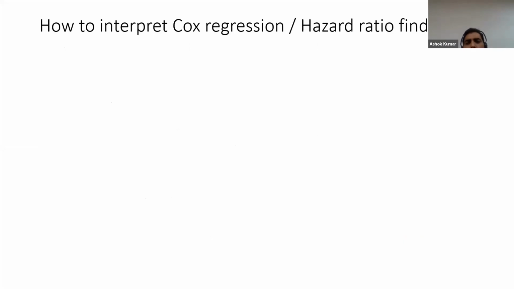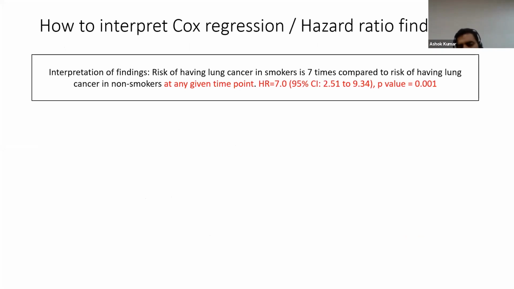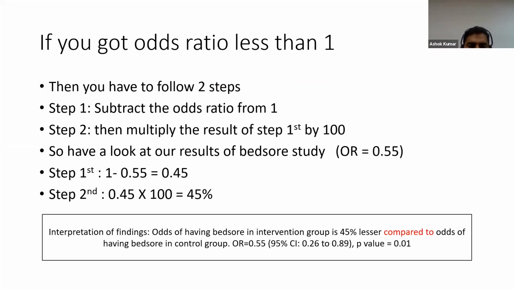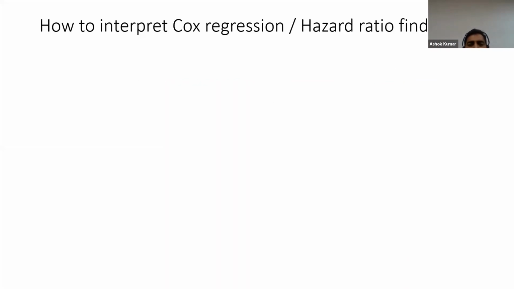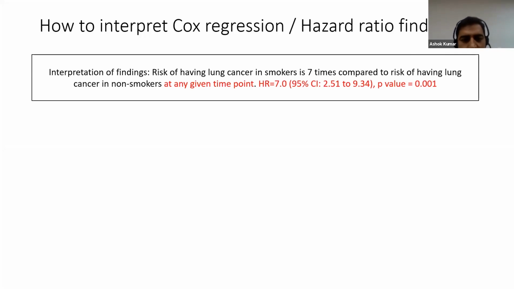How to interpret Cox regression or hazard ratio findings? That was the interpretation of the logistic regression finding. This is now the Cox regression finding. Please see the difference: risk of having lung cancer in a smoker is 7 times compared to risk of having lung cancer in non-smokers at any given time point.